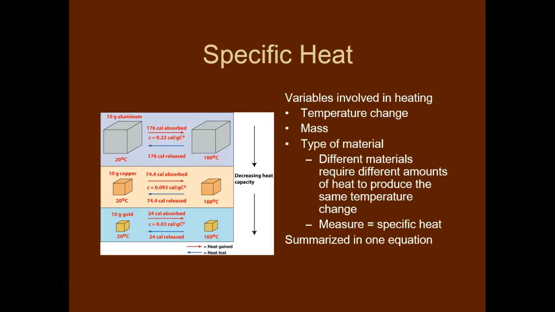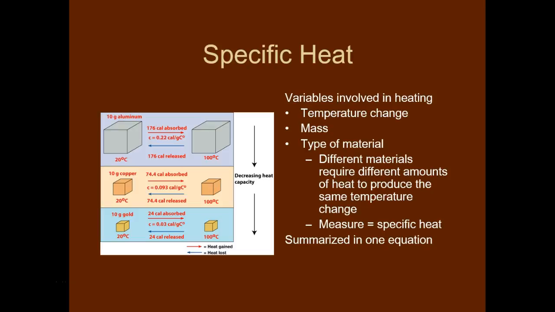That's little c calories, and this is little g grams. This is not very much. Or, to cool it off from 100 degrees down to 20 degrees, it's going to give off 176 calories of heat. That's because aluminum has a specific heat of 0.22 calories per gram degree Celsius.